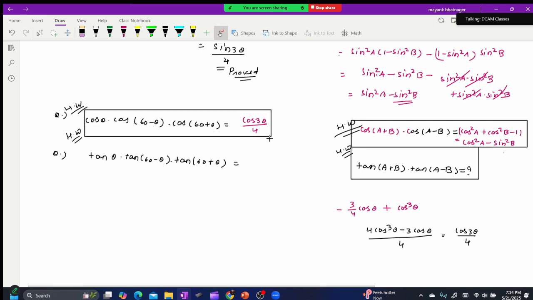Now, the same way, can you find out the value of tan of a plus b into tan of a minus b in terms of tan a and tan b only?